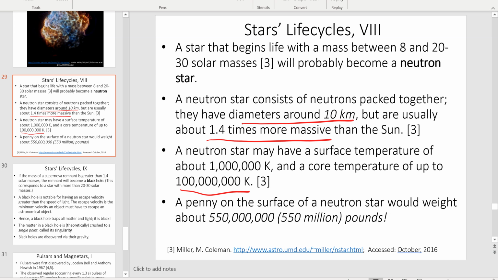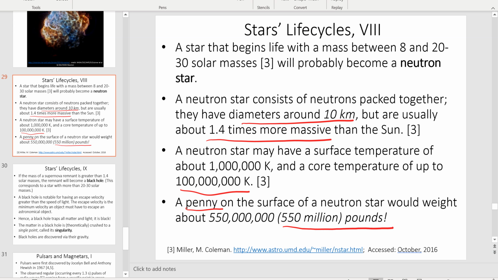And let's perform the same thought experiment we did with the white dwarf. We said that if you took a penny to a white dwarf, it would weigh about 2,000 pounds. If you took a penny to the surface of a neutron star, it would weigh about 550 million pounds. If you were to go to a neutron star, you would be crushed into oblivion to such a degree that your body wouldn't even consist of molecules.